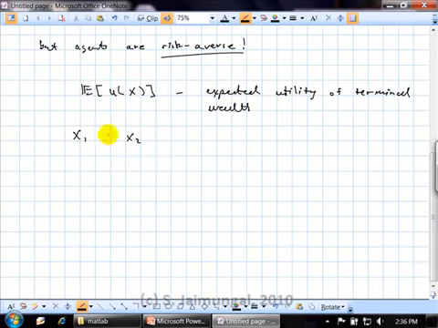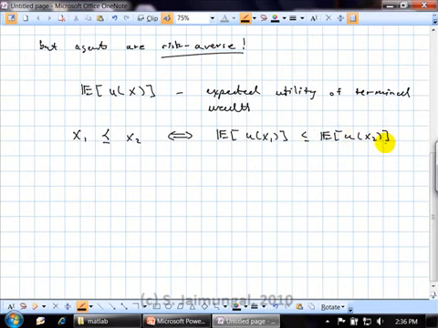So this is a curly less than or equal to sign. It means I prefer x2 to x1 if and only if the expectation of u of x1 is less than, and you can put the less than or equal to sign there, there are different choices for that.